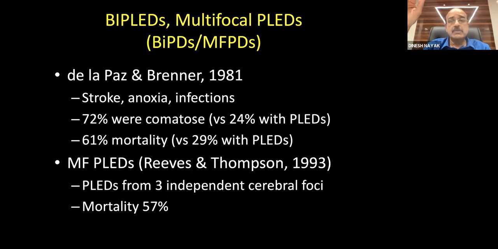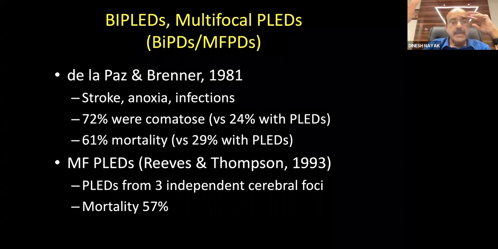72% were comatose, as opposed to only 24% who have only PLEDs. So that means if somebody has BIPLEDs, they're likely to have much more severe injury, and they're likely to be more comatose. The mortality is much higher, double that of the regular PLEDs.